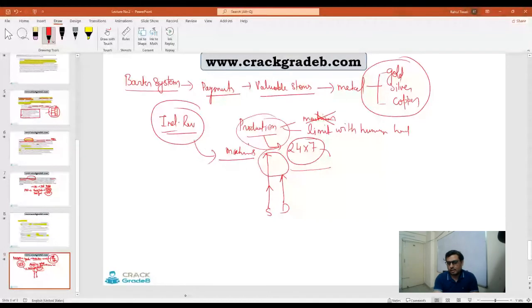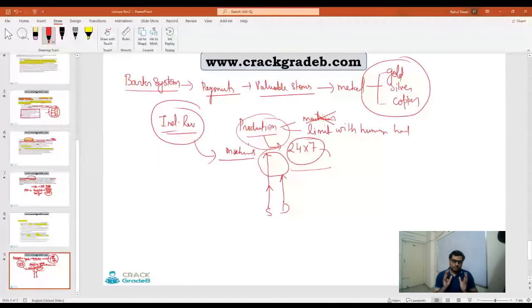So that is why different countries formed their companies: the British East India Company, French East India Company, Portuguese East India Company. A lot of companies were formed in Europe to trade with the eastern part of the Indian subcontinent. The primary objective was what? To do trade and business.